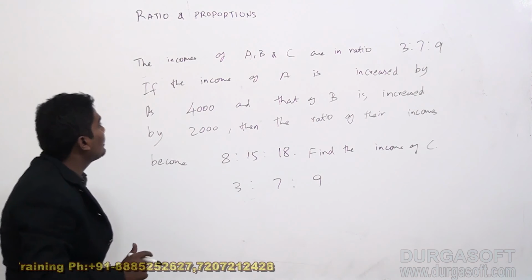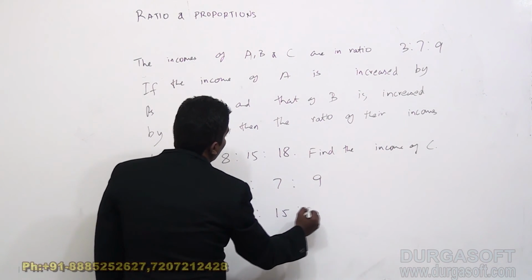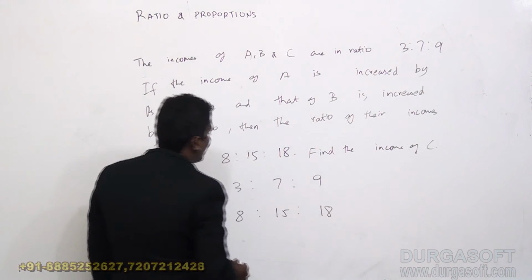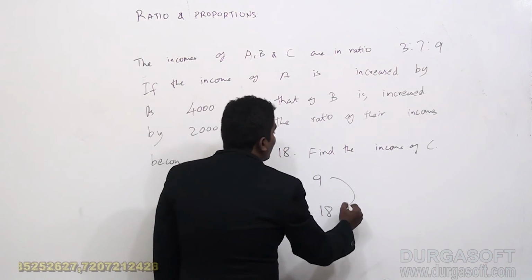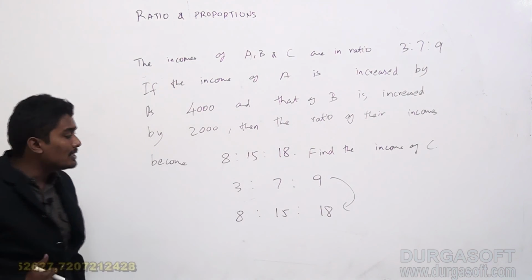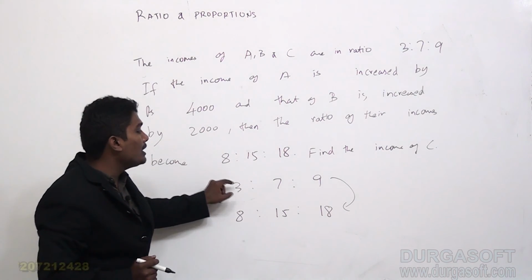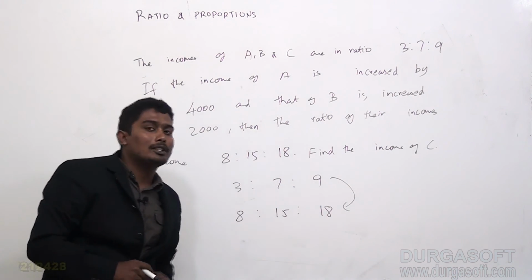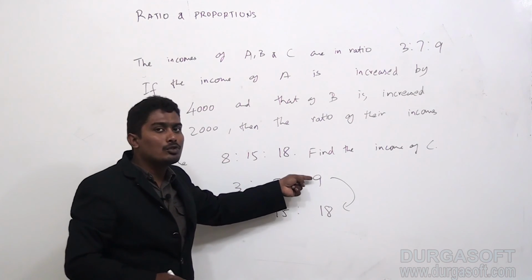After the increase, the ratio becomes 8 is to 15 is to 18. Now this third person's income never increased. There are other methods of doing this, however, the quickest method will be to compare the income that did not change. So if it does not change, I can say that this value also should have been 18.